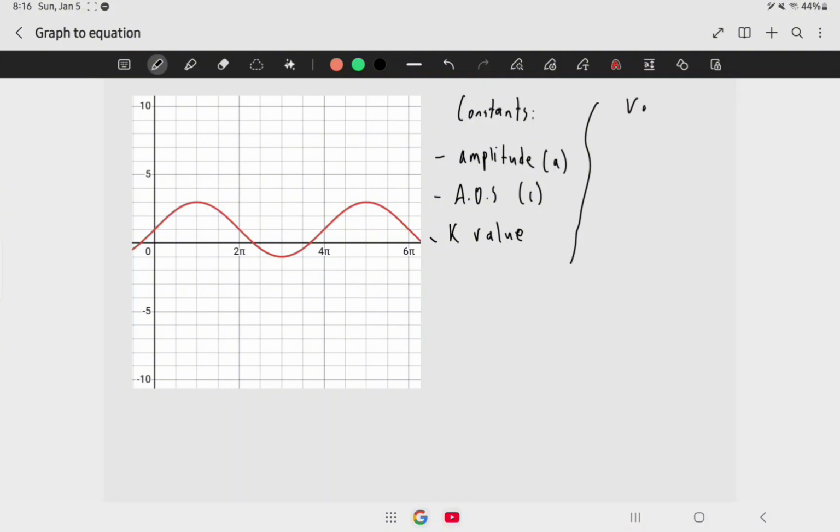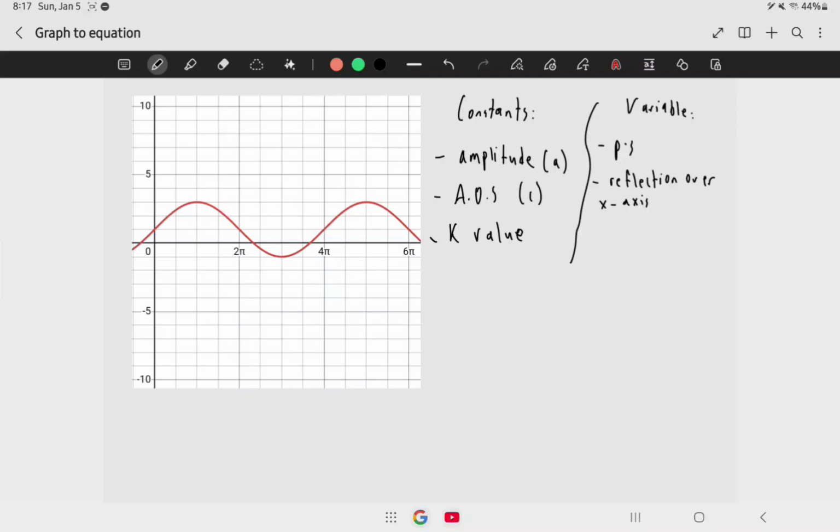Now, the things that could change are your phase shift. You might also have a reflection over the x-axis. That could also be changed. And that's mainly it. It's those two things that are, for the most part, the hardest to find.